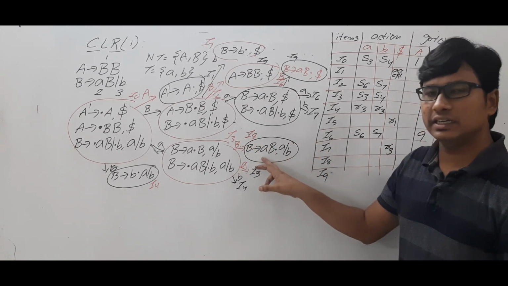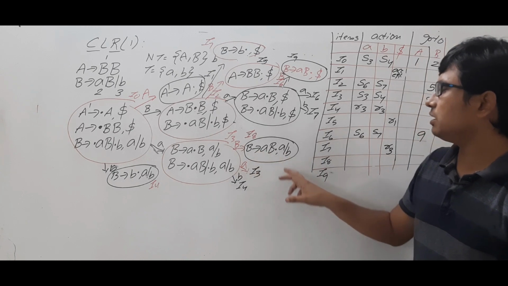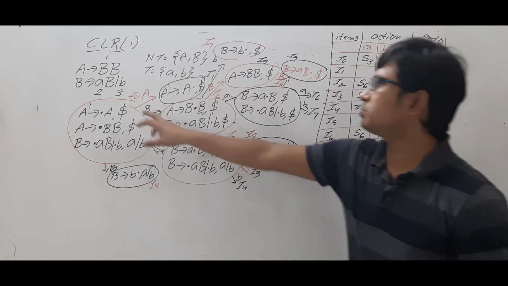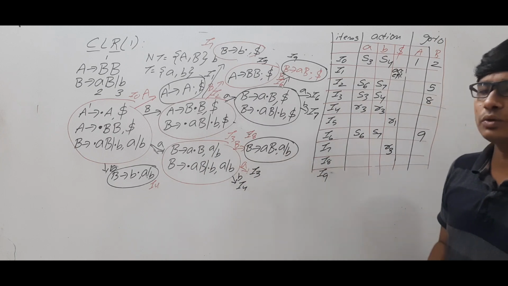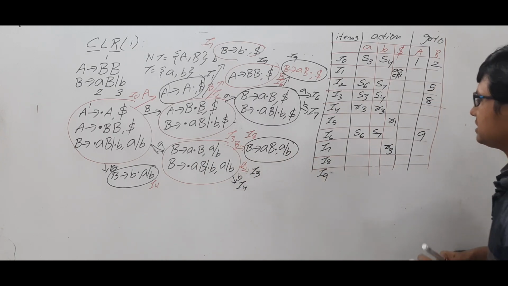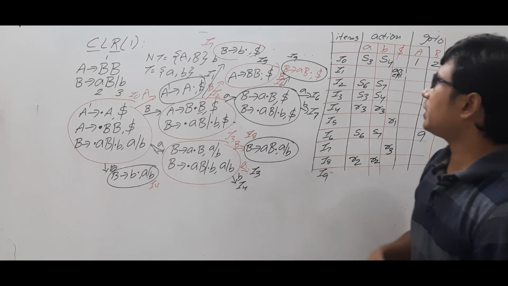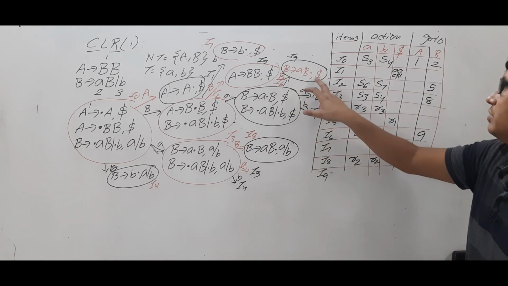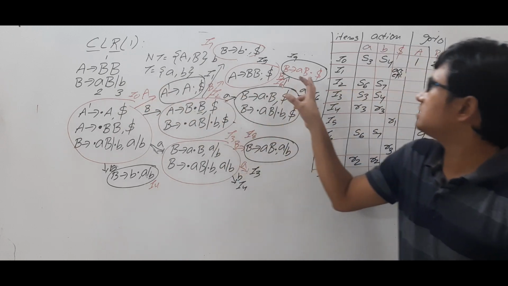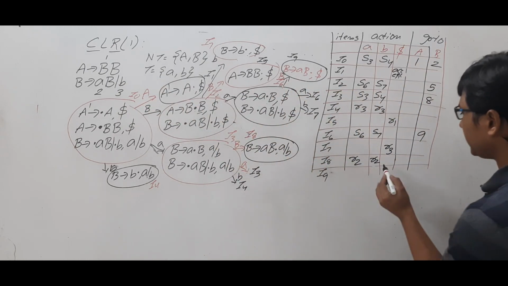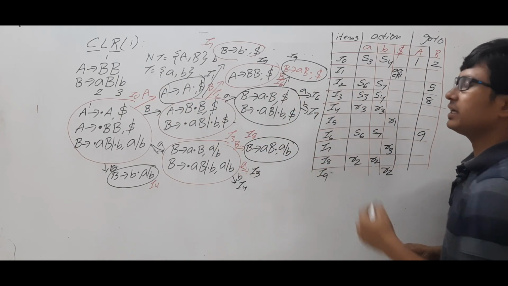Where is I8? I8 is here. B determines aB or b. This is production number 2. So R2 you need to write in the look ahead, which is a and b. Is it clear? Come to I9, which is production number 2. As it is a reduced move, we need to write it in the dollar, because the look ahead is dollar.